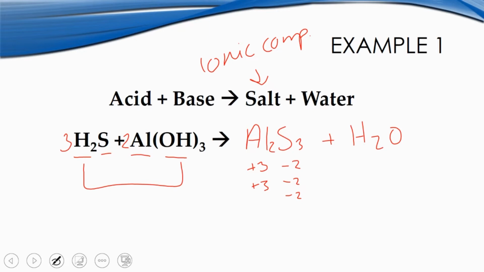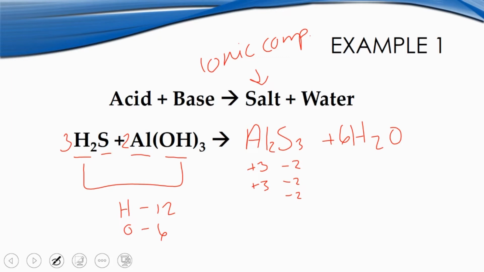We have 3 sulfurs on each side. We have 2 aluminums on each side. We have a total of hydrogens on the reactants: we have 6, and then we have 6 more, so we have a total of 12 hydrogens. So therefore, we need a 6 there. Just double checking with our oxygens, we have a total of 6 on the reactant side, and therefore, we also have 6 on the product side.